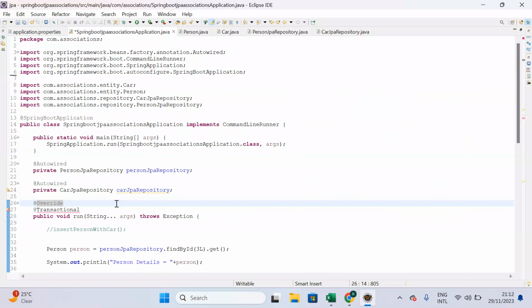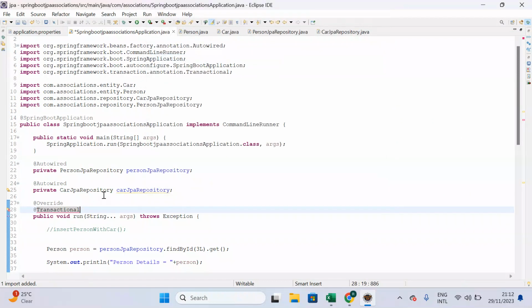In the previous example, I declared the @Transactional annotation, right?